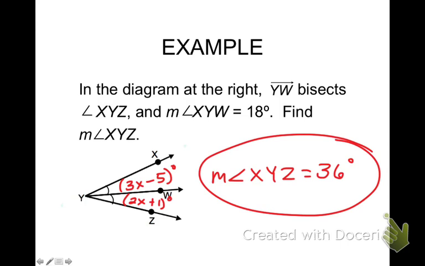What could you do to solve for x? Set them equal to each other. Why would you do that, Steph? Because the bisect. Yeah, because bisecting splits it into 2 equal parts, right? This was 18, so this was 18. So if this is 3x minus 5, this would be equal to 2x plus 1. And then we would solve for x, and then plug it back in, and we could find it, right?